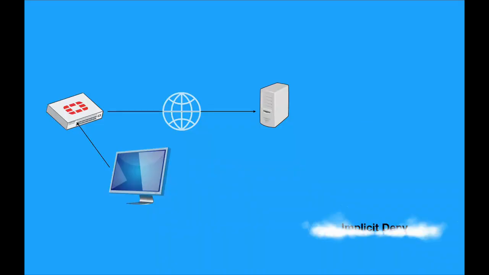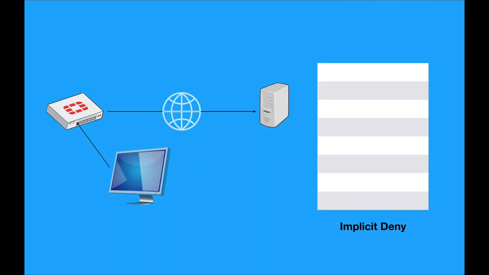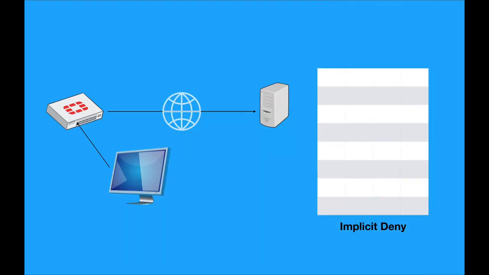So when we start to configure our firewall rule, we have, as we said, an implicit deny rule at the bottom. And from there, we start to configure our different criteria that will be matched against your traffic.